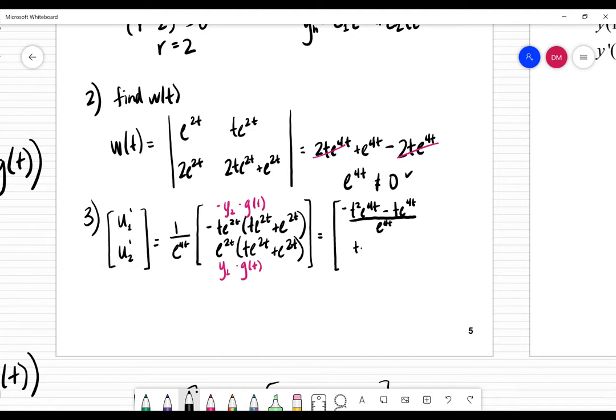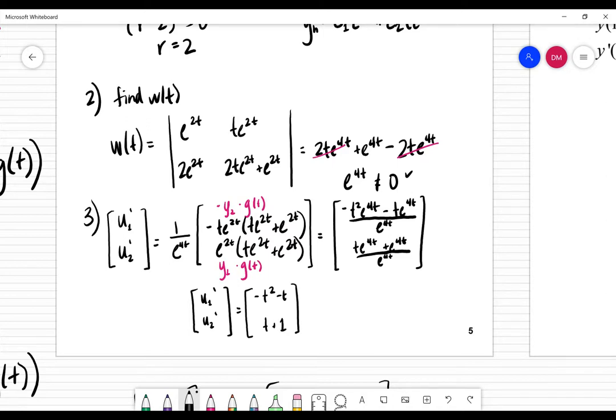And then it looks like we've got t e to the 4t plus e to the 4t there, all divided by e to the 4t. Okay, so the determinant really helps us here. All right, so I'm going to go ahead and just write out that this means that u1 prime and u2 prime is equal to negative t squared minus t if I simplify that first element, and then t plus 1 if I simplify the second. All right, so you get some nice, easy polynomials to integrate here.